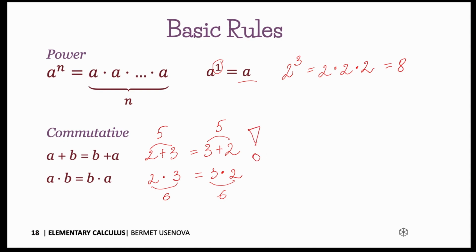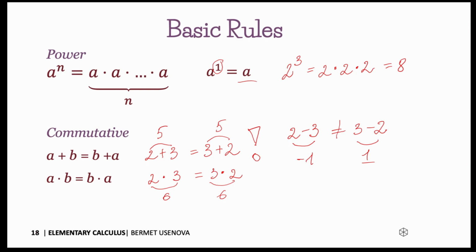So this is the commutative rule of addition and multiplication, but very important: it's not the same for subtraction and division because they are not commutative. For example, 2 minus 3 is not equal to 3 minus 2, because 2 minus 3 is minus 1 and 3 minus 2 is 1. So minus 1 is not equal to 1.